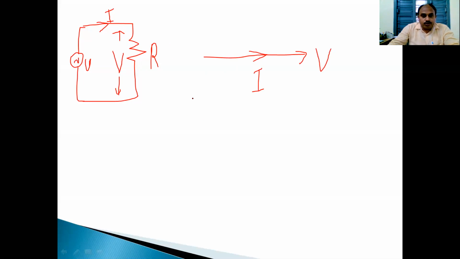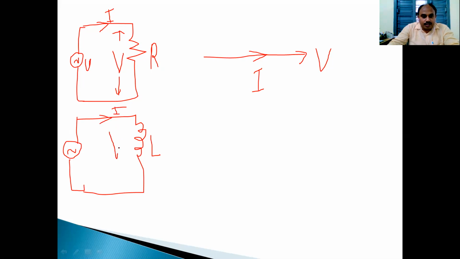In a pure resistive circuit. If it is an inductive load, this is the inductive load L. If you apply an alternating voltage to an inductive load, pure L, the current passing through this inductor is I, and the voltage is the same capital V. So in a pure inductive load, the current lags the voltage by 90 degrees.